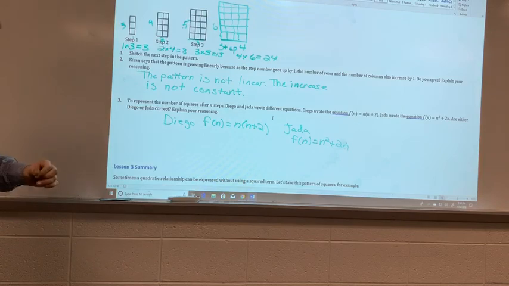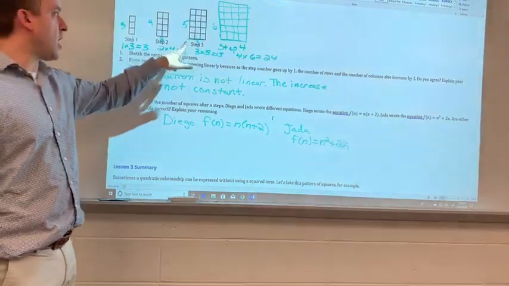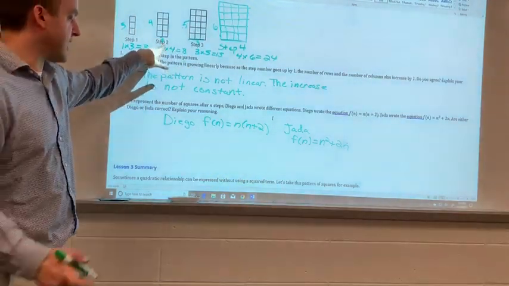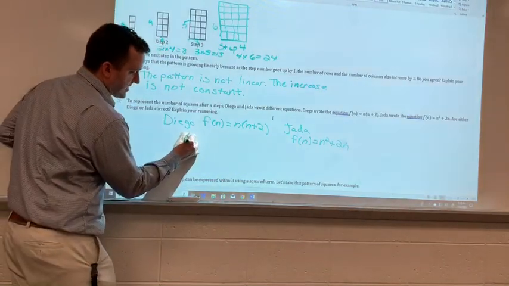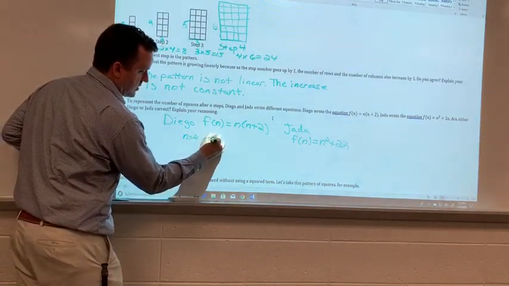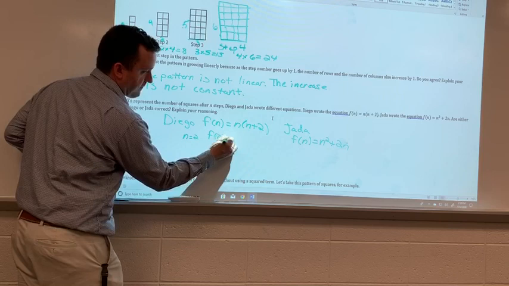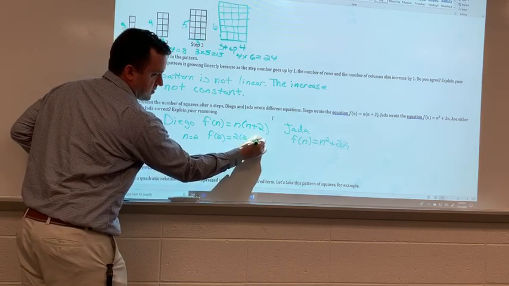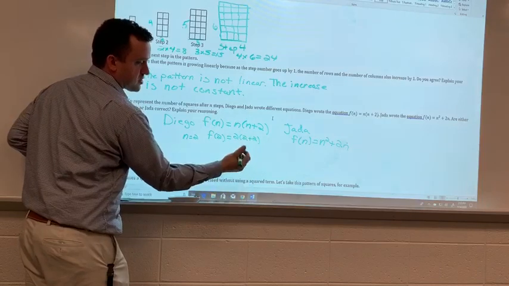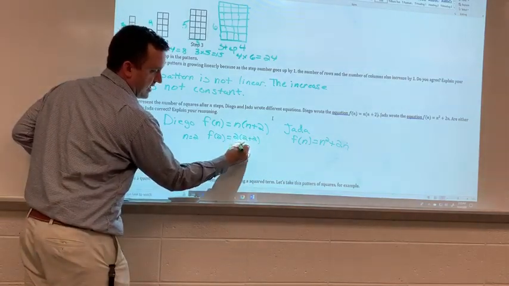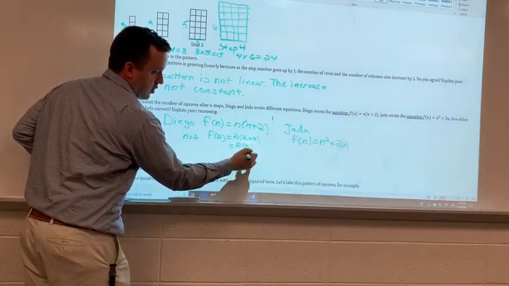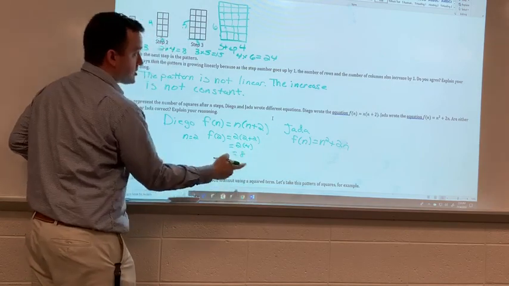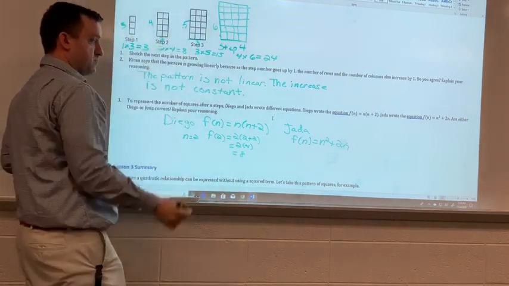How do you know? If we plug in a couple step numbers, I'm going to plug in step 2. So at step 2, we know n is 2. Using Diego's equation, f of 2 gives me 2 times in parentheses 2 plus 2. 2 plus 2 first would be 4. So that is 2 times 4, which gives us 8. So f of 2 is 8.